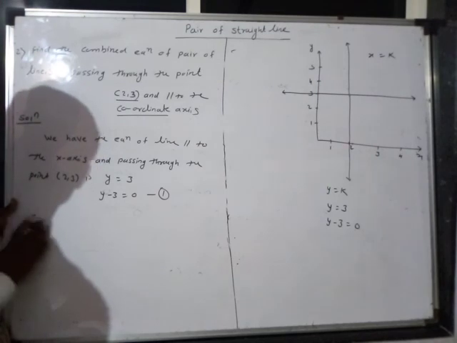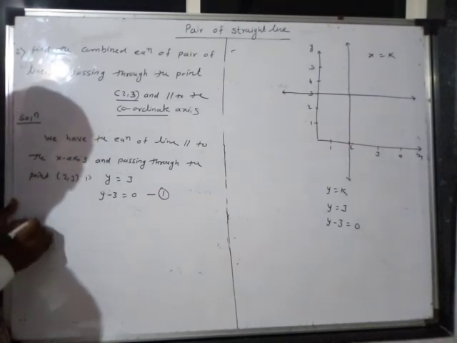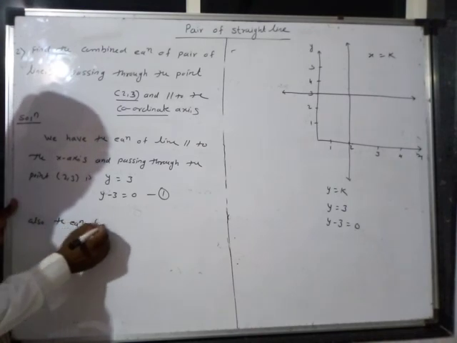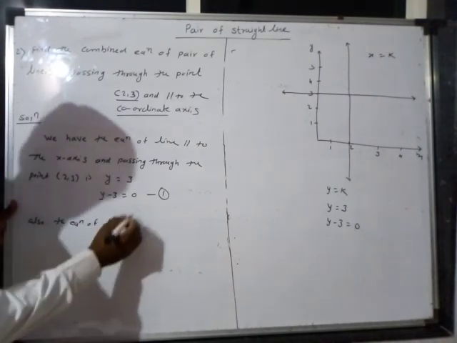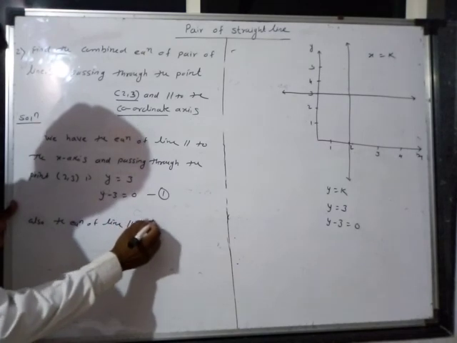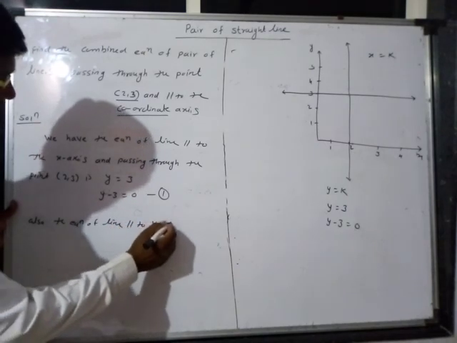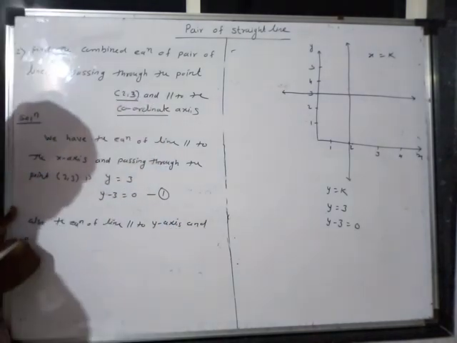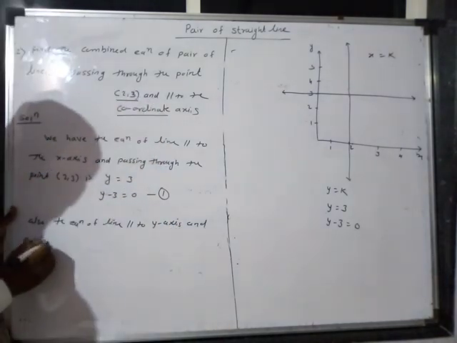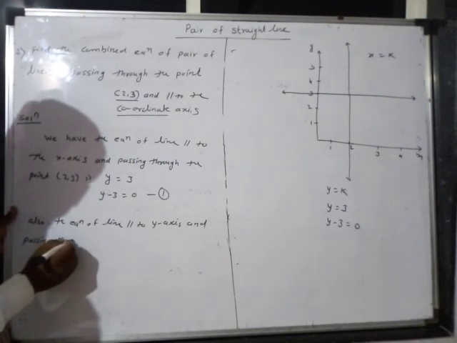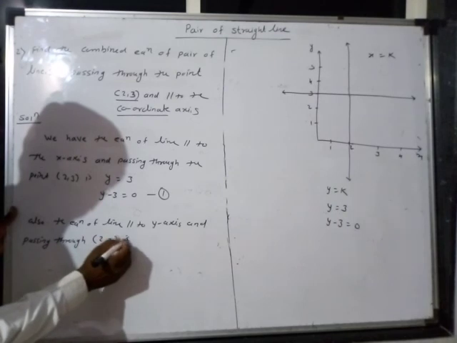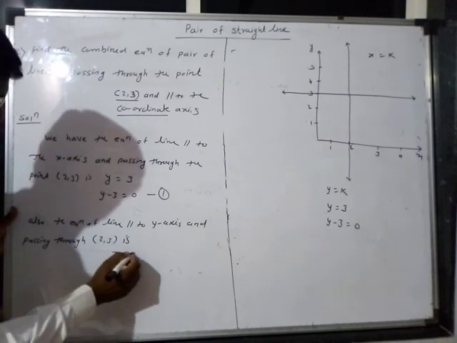So we have also the equation of line parallel to y-axis and passing through 2 comma 3 is x is equal to 2.